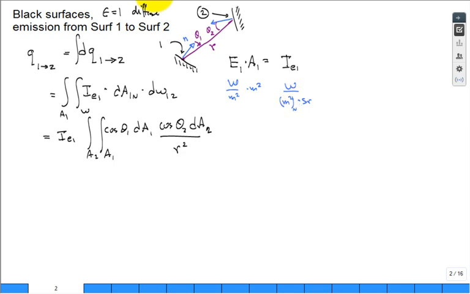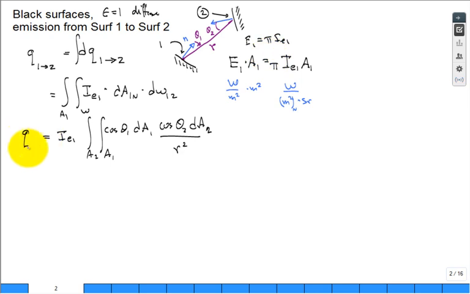So to get this relationship, I multiply by the area of 1 and pi. Or maybe you remember it as E1 is equal to pi I e sub 1. How is the emissive flux related to the emissive intensity? Well, you multiply I by pi steradians, and you get E.